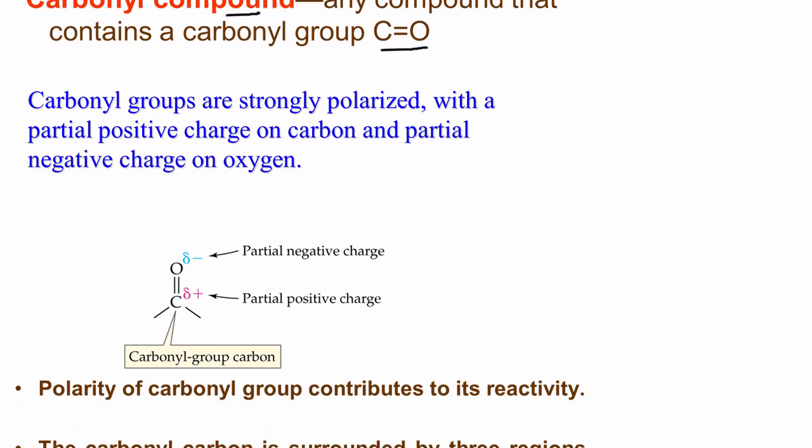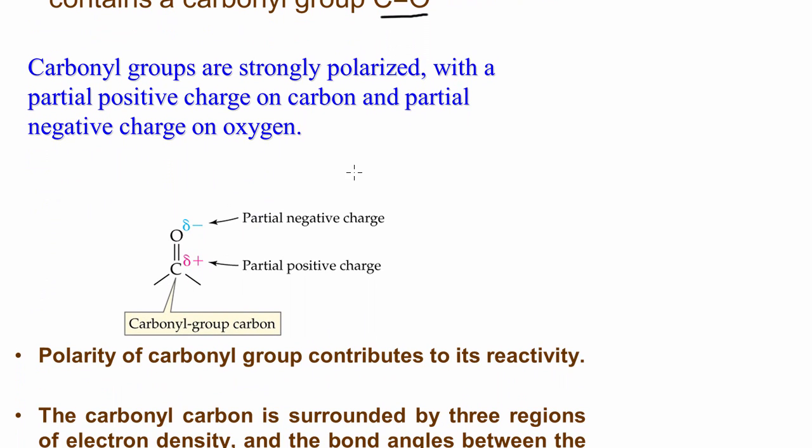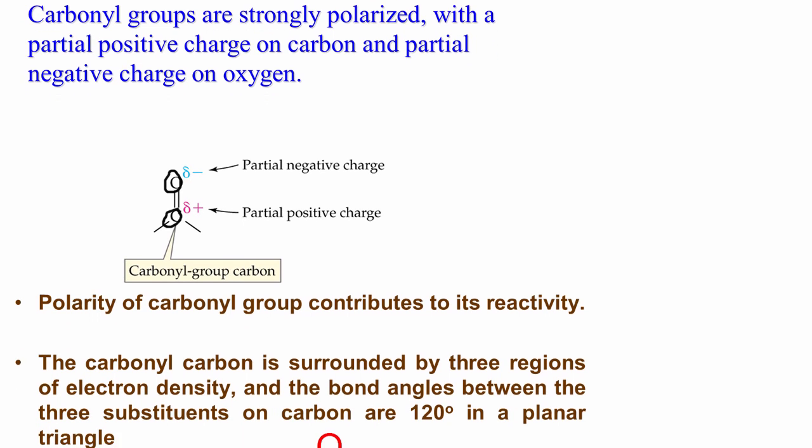Carbonyl groups are strongly polarized. Remember what you have: a carbon bonded to this oxygen. The oxygen is more electronegative, so that draws the electrons towards itself, and this creates a partial positive charge on the carbon and a partial negative charge on the oxygen.